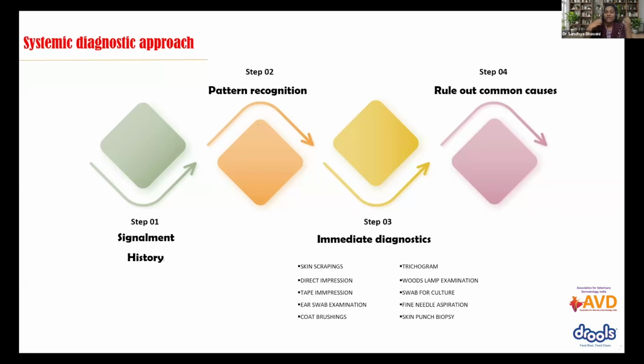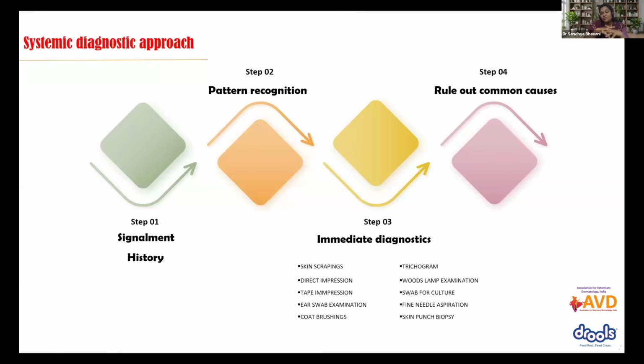Primary lesions are macules, papules, pustules, vesicles, bullae, blisters. Secondary lesions, because of itching or scratching, can cause ulceration and nodular lesions. And mixed, like alopecia, hyperpigmentation, hypopigmentation, can be both primary or secondary patterns.